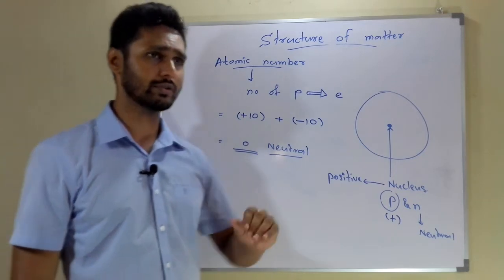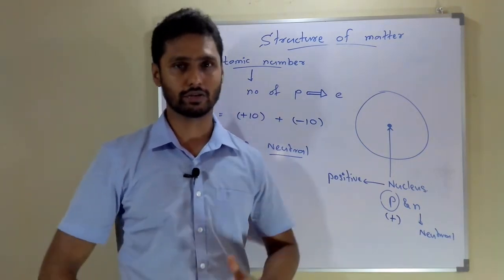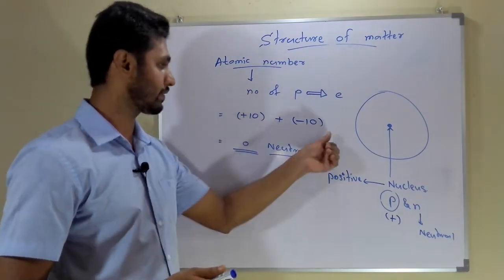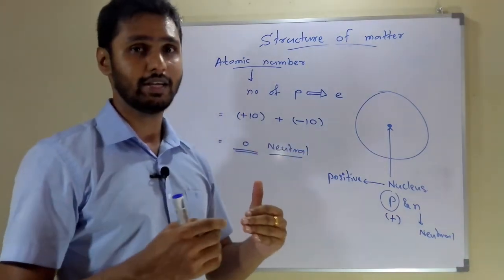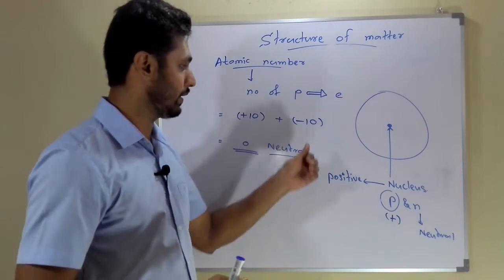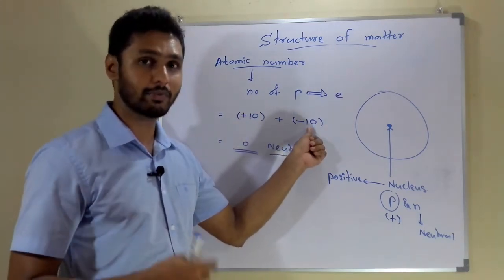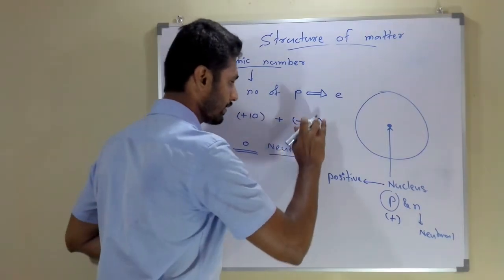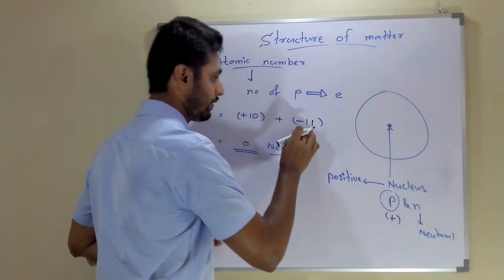So I told you some atoms can gain electrons. Let's see what happens. Think this atom has gained an extra electron. So its number of electrons increases up to 11. Then I will write it as minus 11.